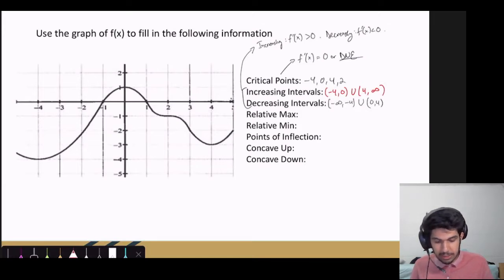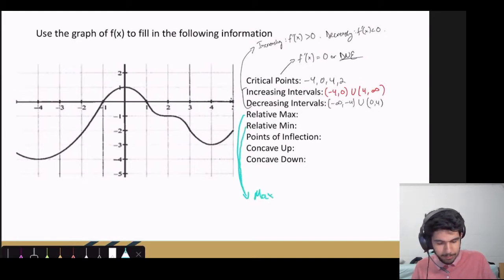Cool. So next we want to find the relative max and relative min. We should remember that the relative max and min can only occur at our critical points. So we have 4 points that we need to look at because we've already found our critical points. Relative max and min, I guess I'll group them together.